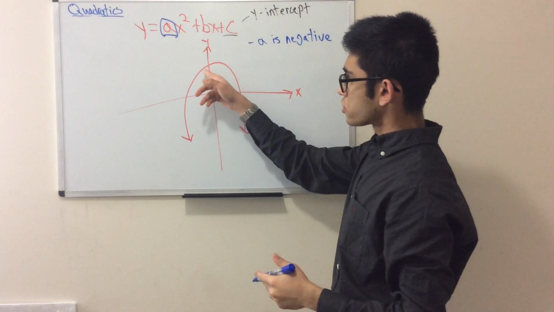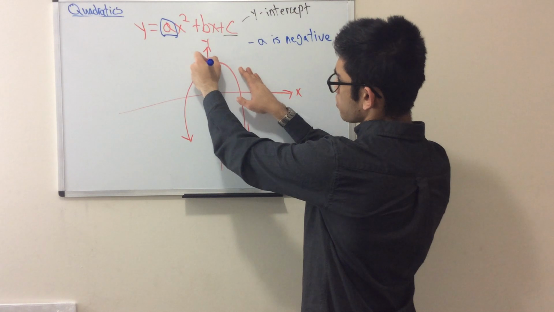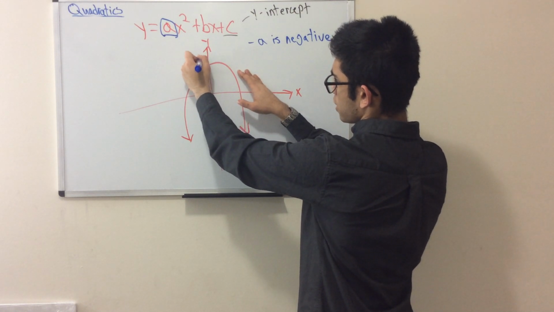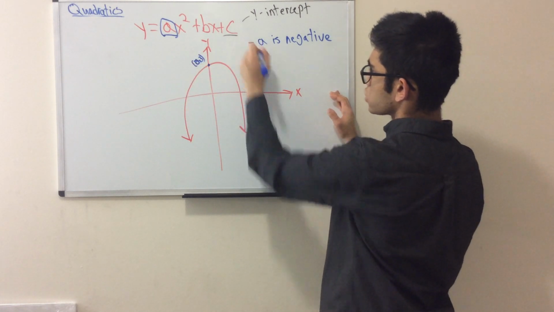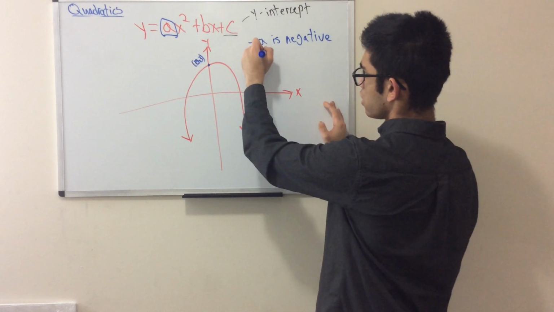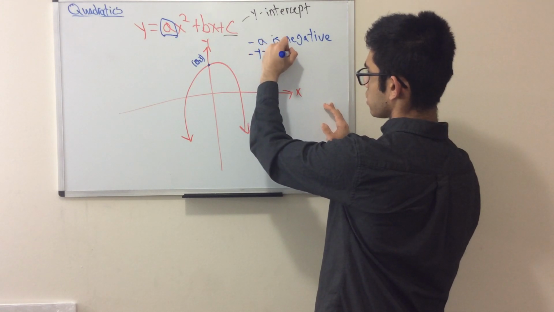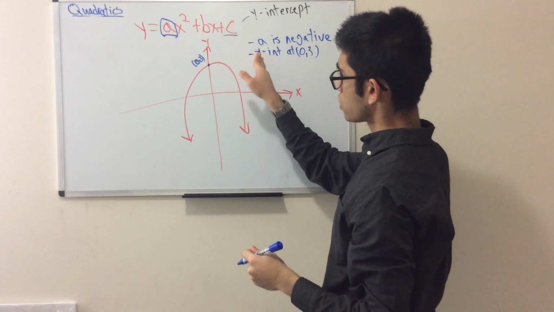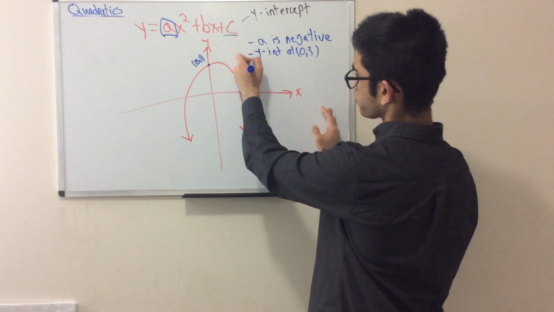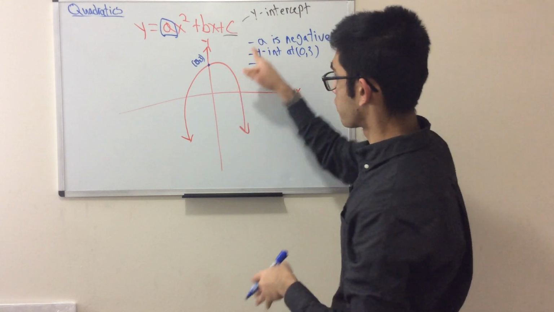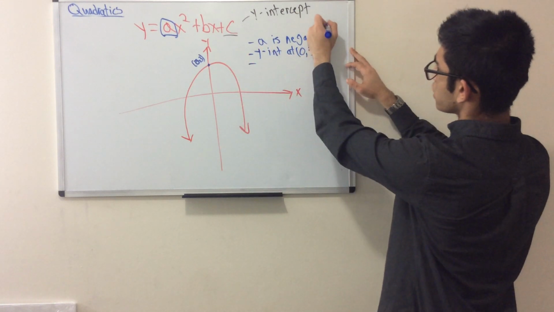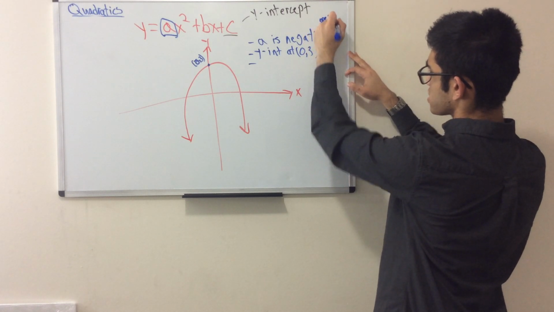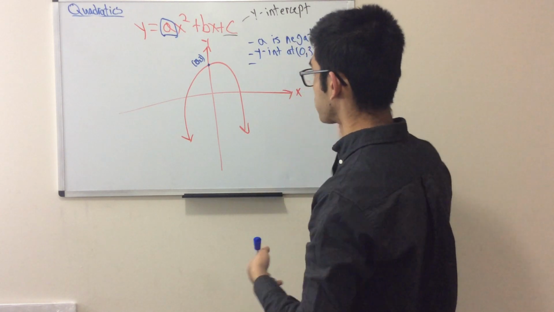And the y-intercept, I don't know, but let's say the y-intercept is right here and it's (0, 3). The y-intercept is where it touches the y-axis and x is 0. So the y-intercept is at (0, 3). We talked about the A value, and we talked about the y-intercept being (0, 3). If A is negative, it opens downward. That's something we want to talk about.